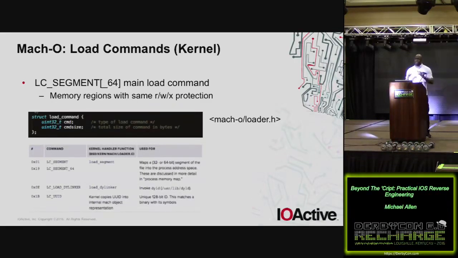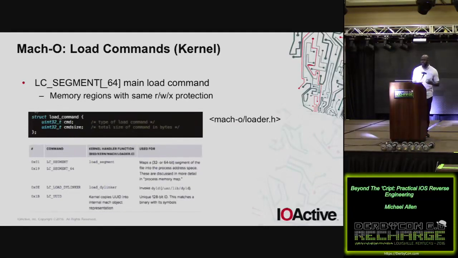Now, one of the most important load commands is LC_SEGMENT. And a segment is pretty much memory regions that have the same read-write-execute protection, right? As we said, some of these load commands are going to be handled by the kernel, some are going to be handled by the dynamic linker.